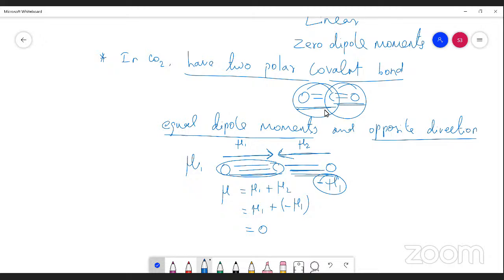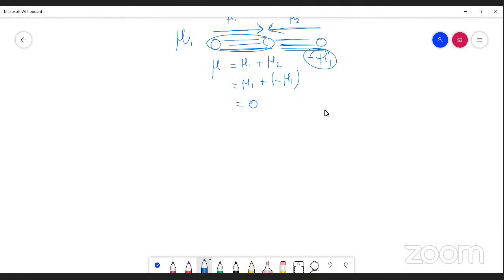But in a water molecule, it can be expressed as oxygen, hydrogen, then hydrogen.